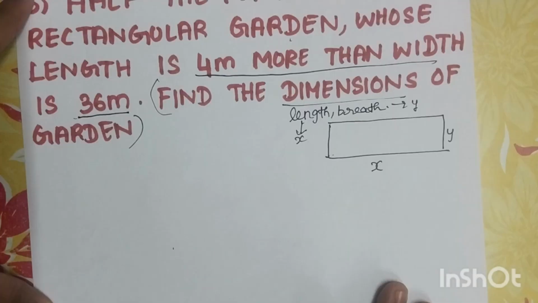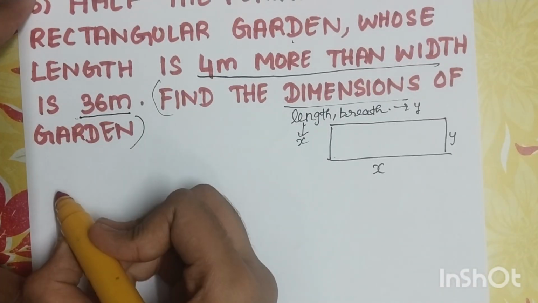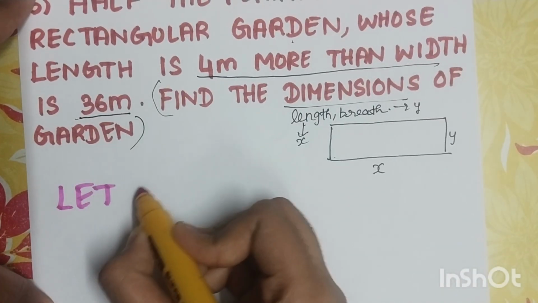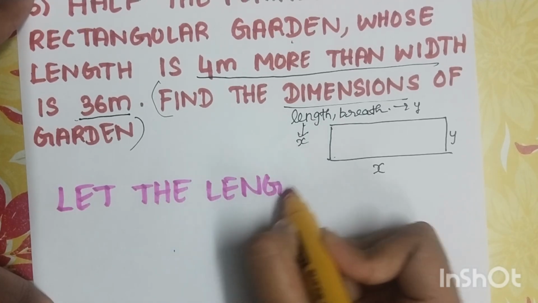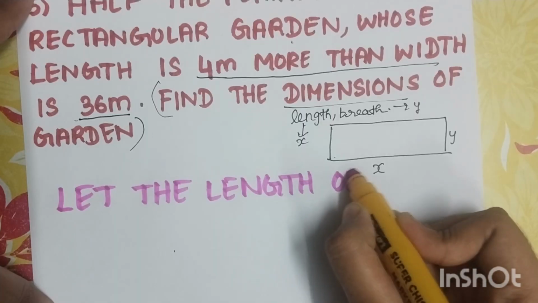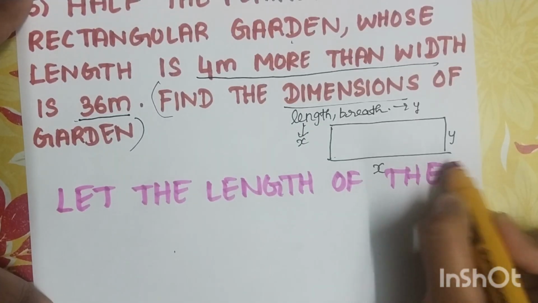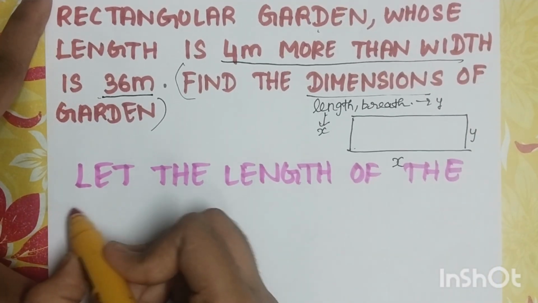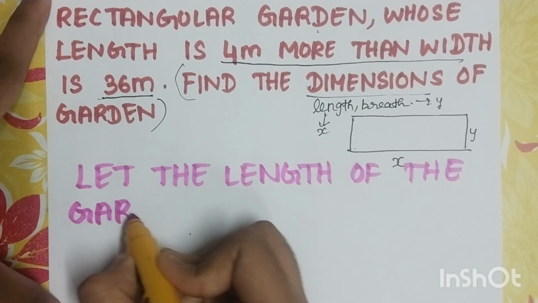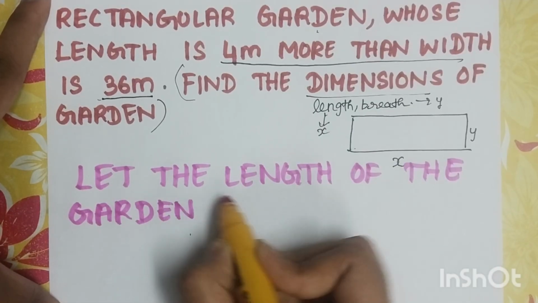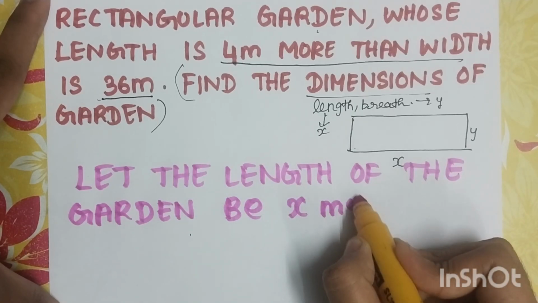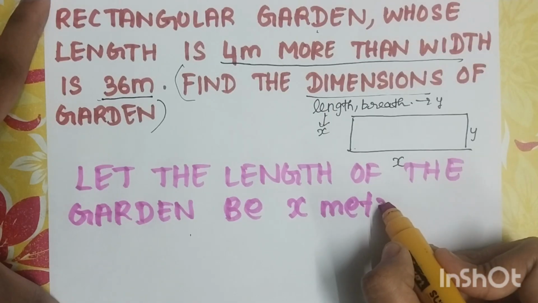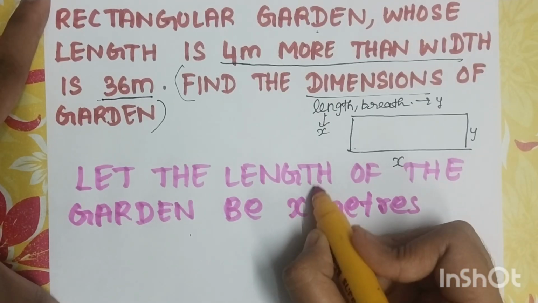So let the length of the garden be x meters. Clear?